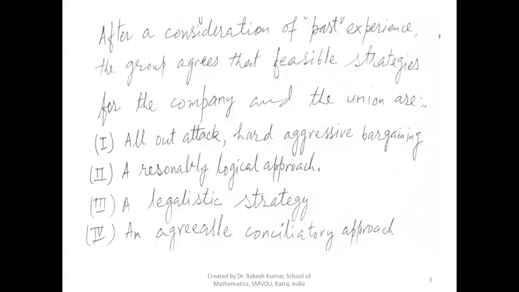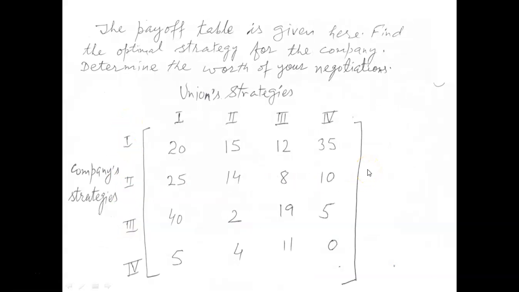Strategy number one, all-out attack, that is hard aggressive bargaining. Second, a reasonably logical approach. Third, a legalistic strategy. And fourth, an agreeable conciliatory approach. So these are the four possible strategies which will be considered by the company as well as the union.